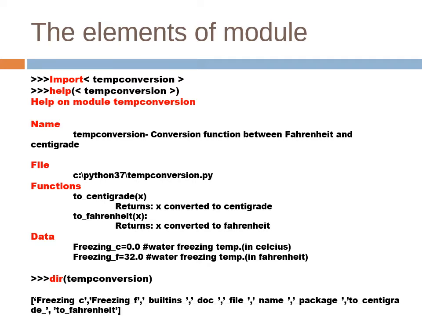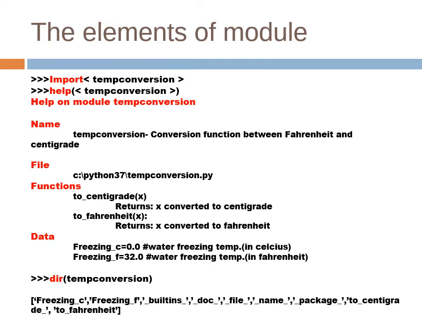So I have to_centigrade as one function, and the docstring explanation whichever you have given to that function, to_Fahrenheit, and the docstring explanation you have given for that function is being displayed. And data: I had two constants in my particular module, so those two constants have been displayed here. So this is the content of your particular tempconversion.